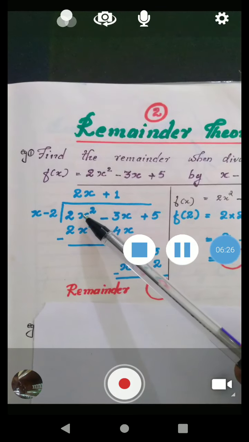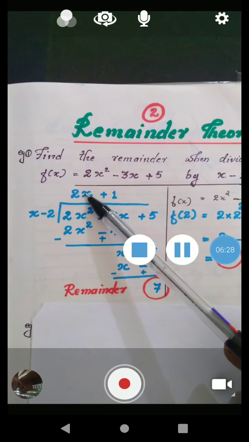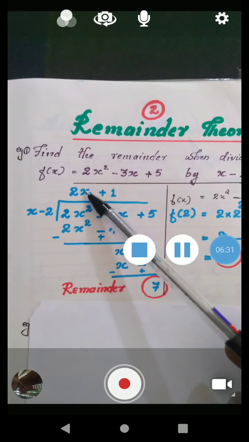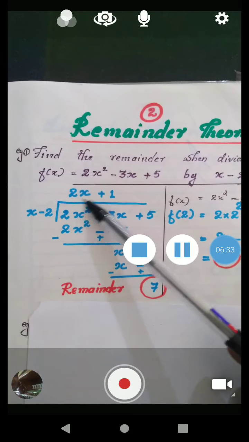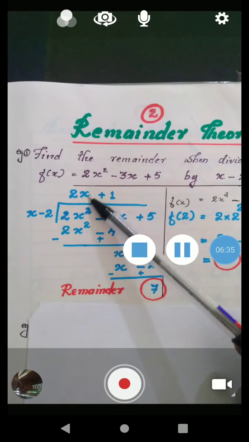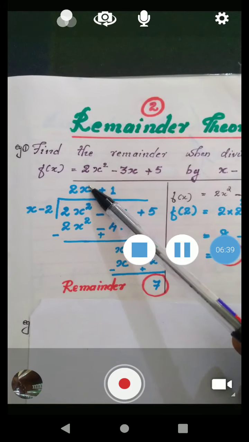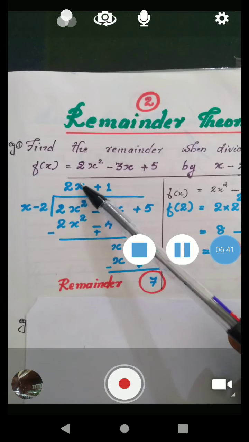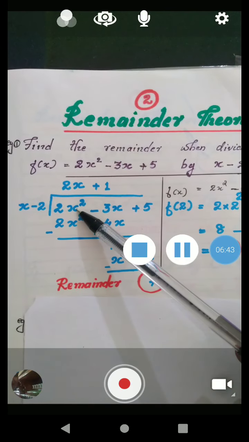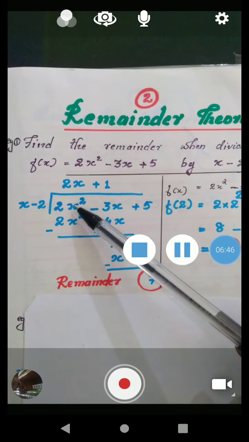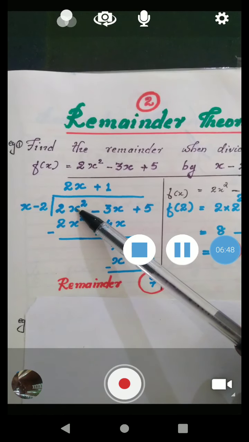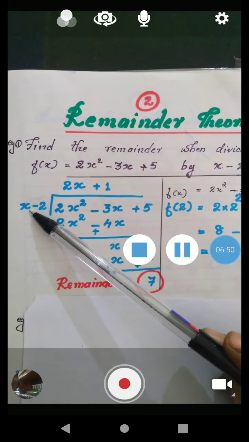First you have to find the first term of the quotient. How can you find it? The first term of the dividend divided by the first term of the divisor.